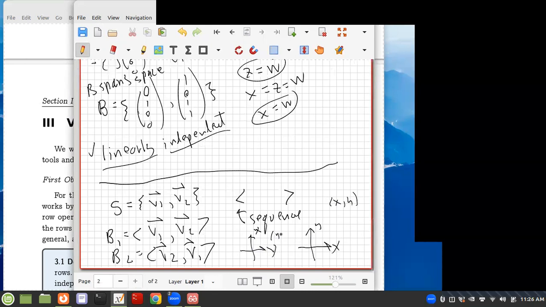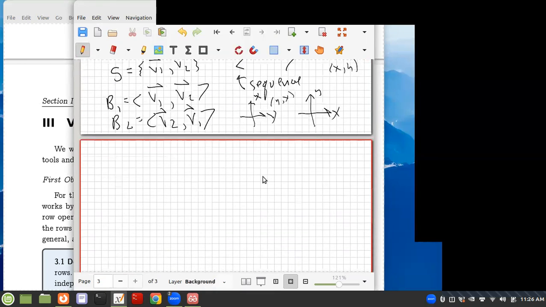There's some connection here between different coordinate systems in these different orders, but a basis is formally a sequence. We want to check linear independence on the set that's underlying the basis. Once you have a set that spans the space and is linearly independent, you can choose any sequence you want, and that's going to be a basis.